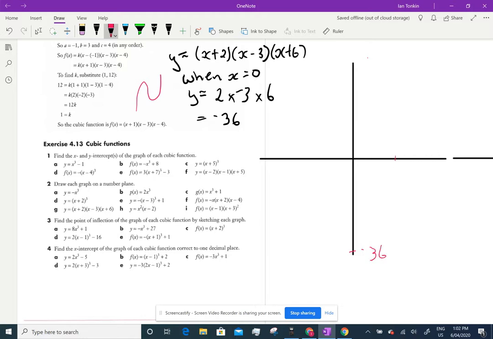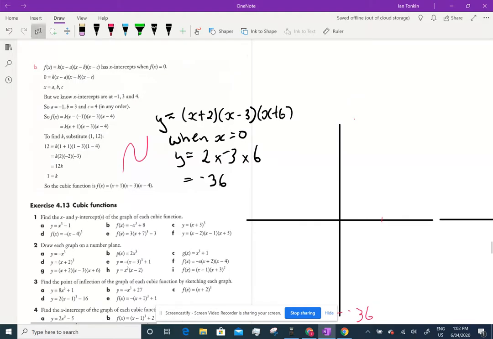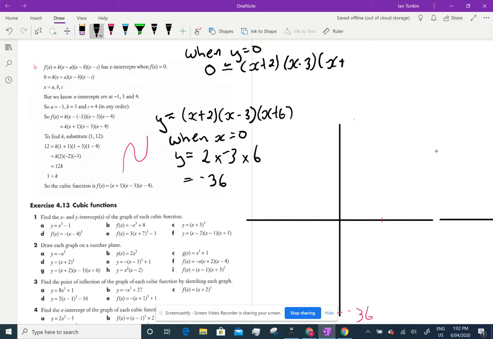What about when y equals 0? Well, that means 0 equals x plus 2, x minus 3, x plus 6.